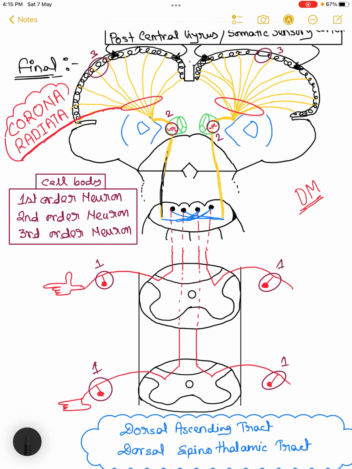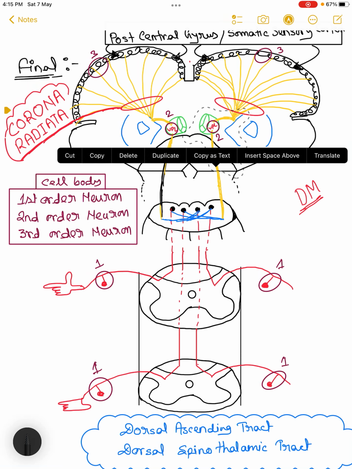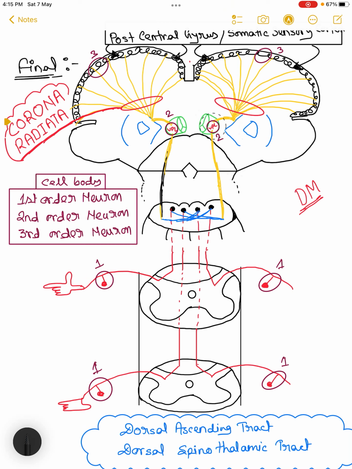Now this medial lemniscus will go towards where? Yes, towards this thalamus, and to be more specific, where? Our VPL, ventro-posterolateral nucleus. So this medial lemniscus will end where? In VPL.